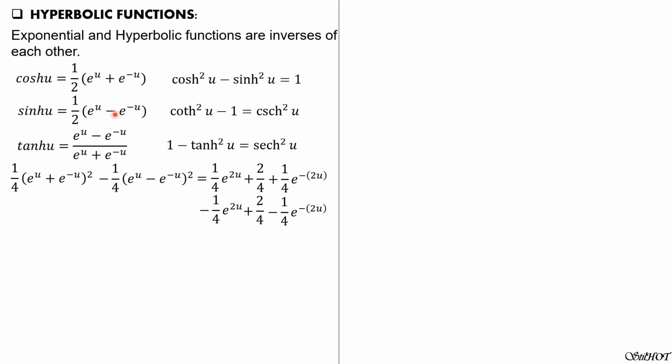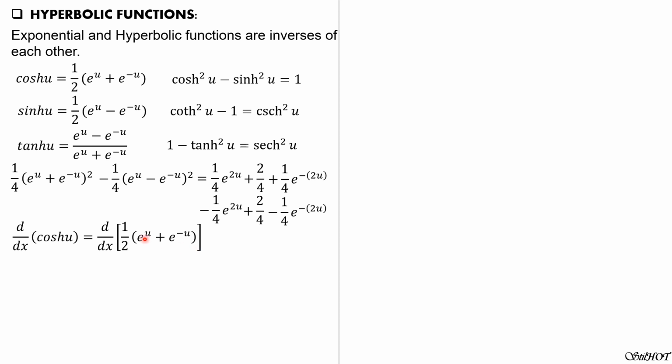Therefore, the derivative of cosine hyperbolic of u is the derivative of its equivalent in exponential form, because we know the derivative of the exponential functions. So the derivative of cosine hyperbolic of u is the derivative of 1/2 quantity e to the u plus e to the negative u. So this is 1/2 quantity e to the u du dx. So we just factor out du dx. Then this one is e to the negative u times negative du dx.